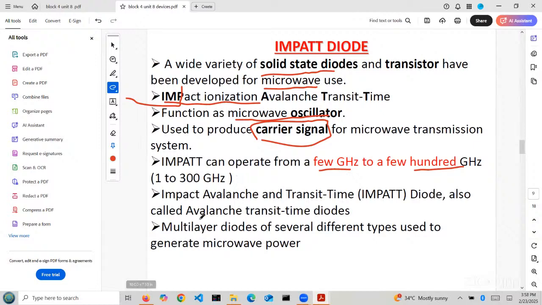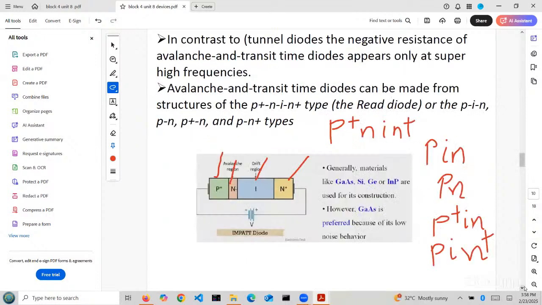This is also called by another name, avalanche transit time diode. The next one is the combination, how it is connected. This diode is useful only for high frequencies, whereas the tunnel diode is a negative resistance.